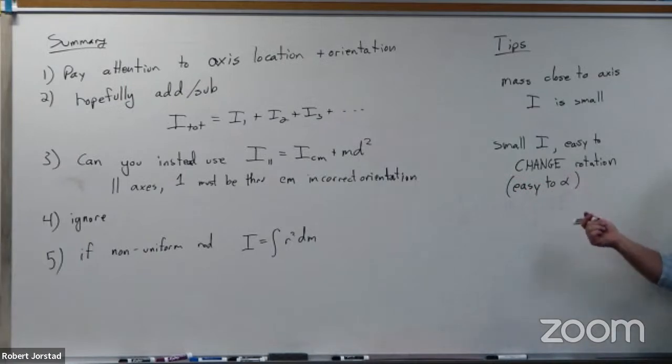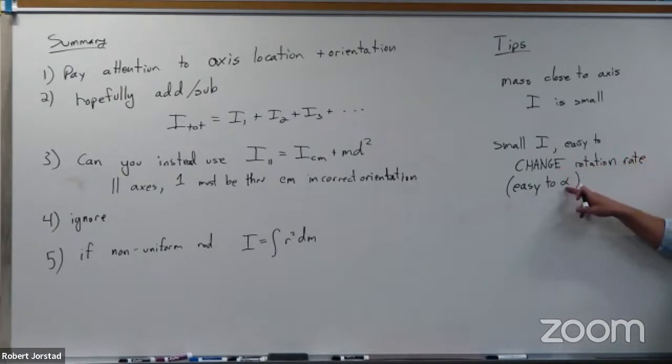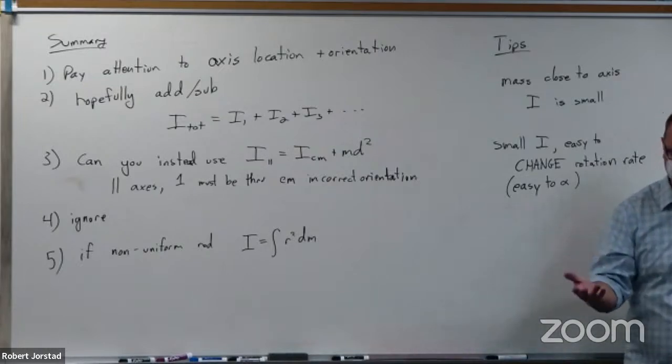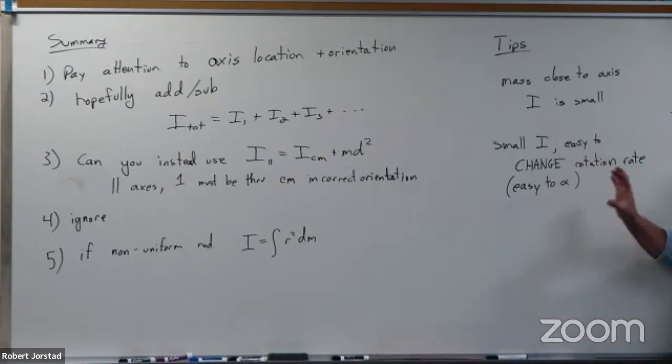Where alpha is angular acceleration, right? Changing the rotation rate is the same thing as angular acceleration. Does that make any sense? If you have a small mass, it's easy to change your velocity. It's easy to accelerate. If you have a small I, it's easy to change your omega.